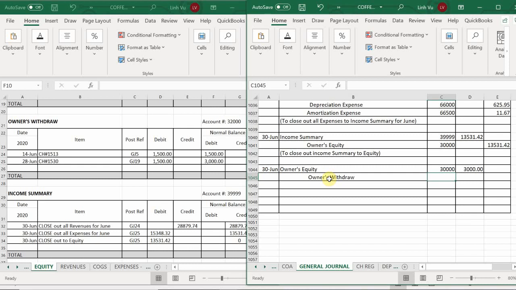Account number 32,000, for $3,000. Okay, and of course I'm going to put here in my note to close out owner's withdrawal to equity.